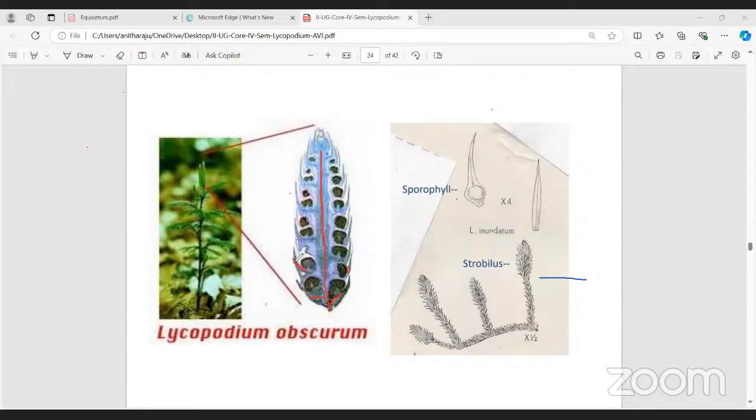This is the leaf, and this is the sporangia. On the upper side, sporangia are present. So this total is called a sporophyll, a leaf with sporangia. That's why it is called a microsporophyll. Now the arrangement is also clear.